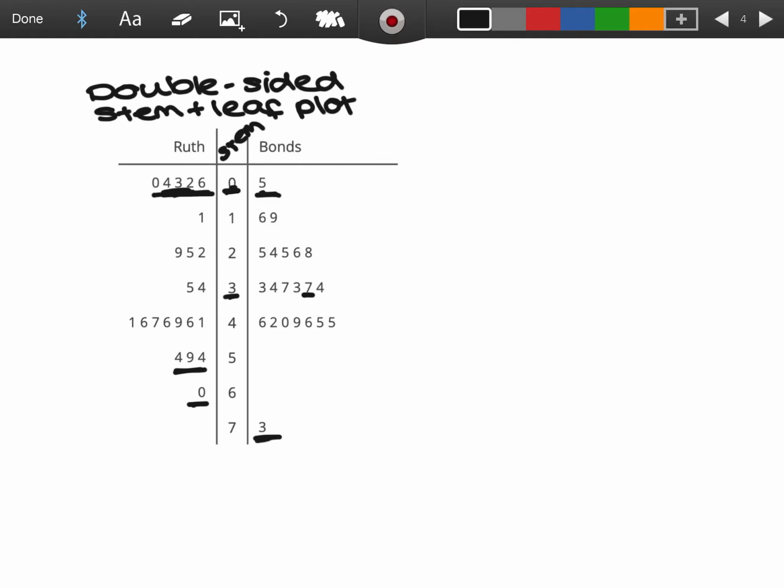He had 54, 59, 54, and 60 on 4 different seasons. But Bonds had a very high scoring season for one particular season, but he only had one season that gave him above 49 home runs. So even though Ruth had a lot of lower scoring seasons, he also had a lot of higher scoring seasons than Bonds did. This is where it's very useful, because you can compare what's going on between two sets of data.